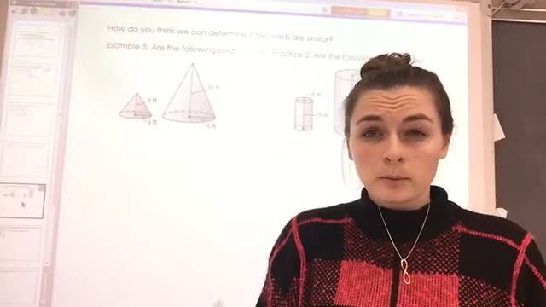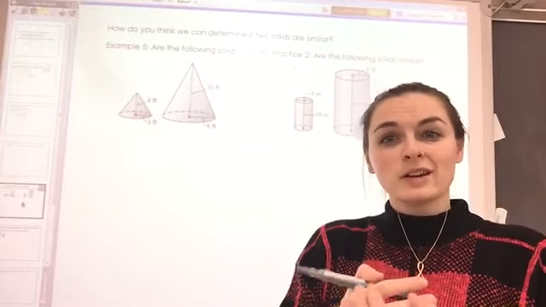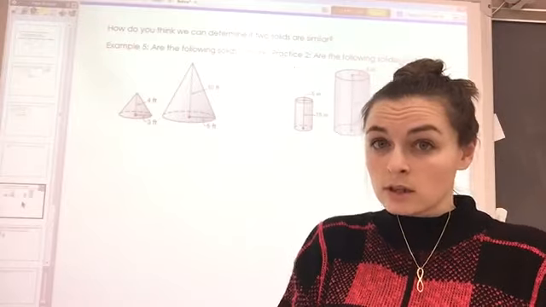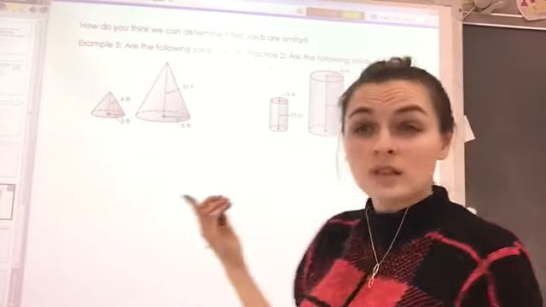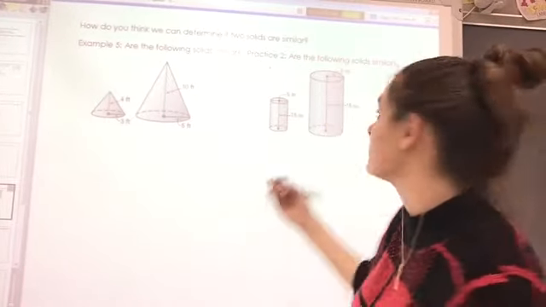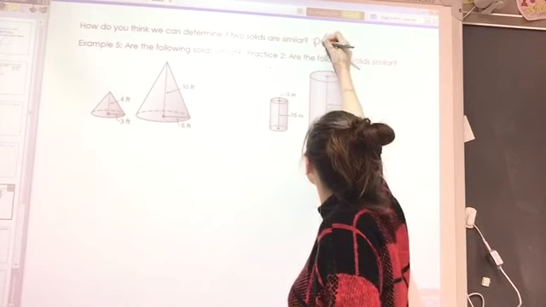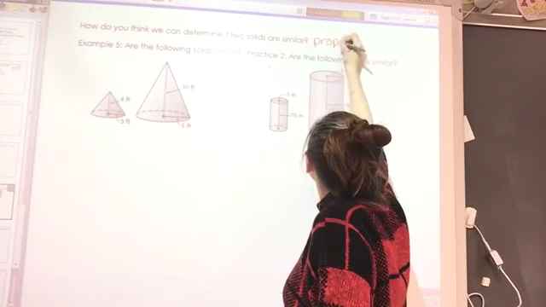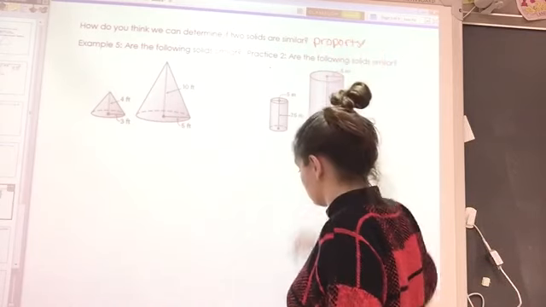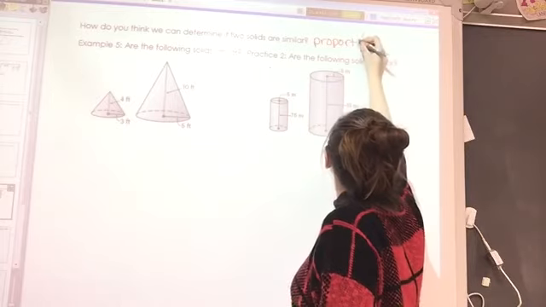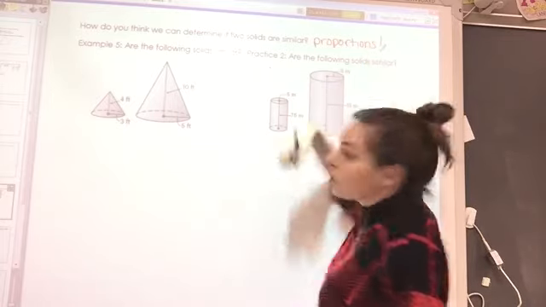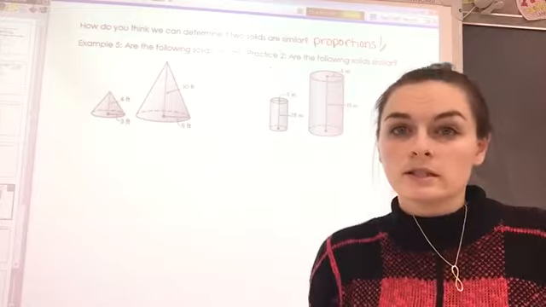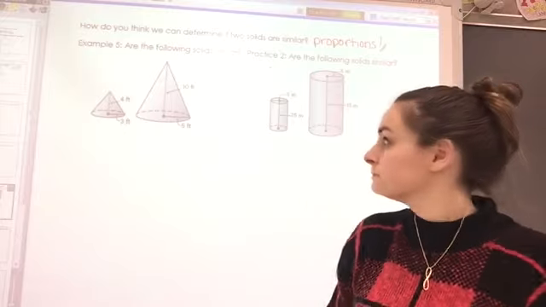If you think about solids, the only difference is they have another dimension. So if we wanted to figure out if two solids were similar, all we would need to do is set up proportions just like we did in chapter 6. All we're going to be doing is setting up proportions to see if those sides are proportional.